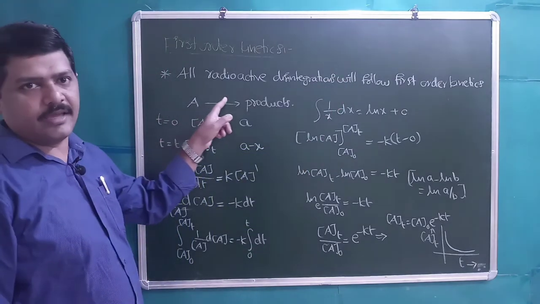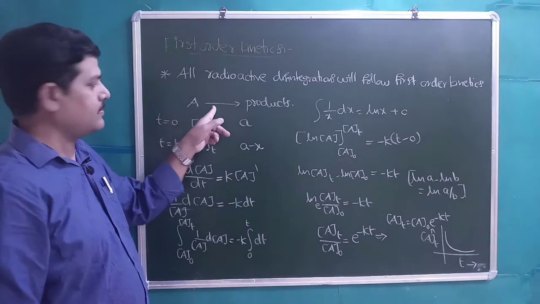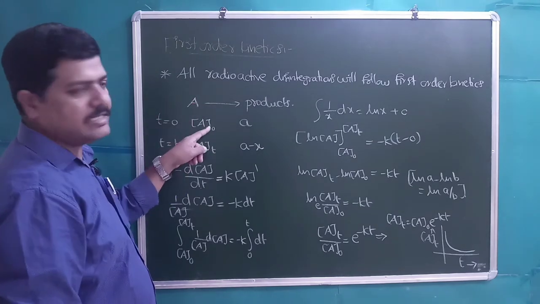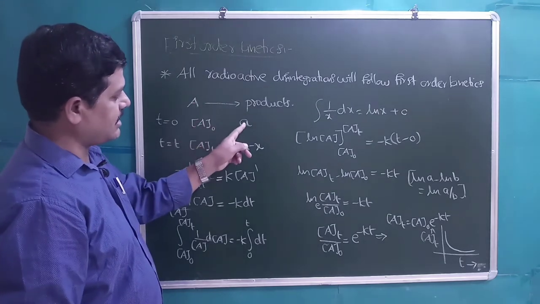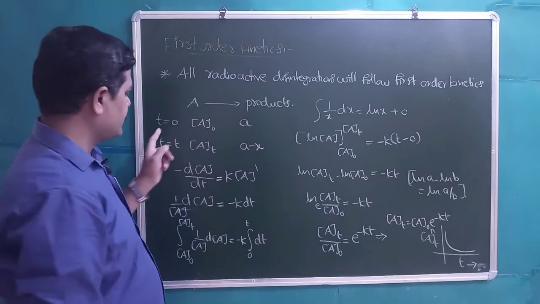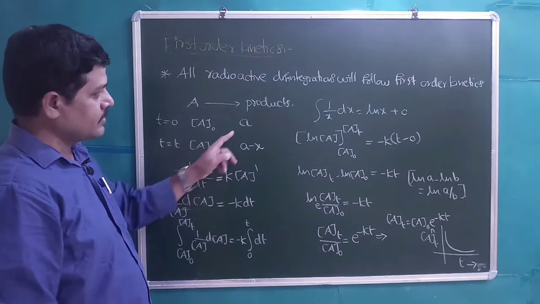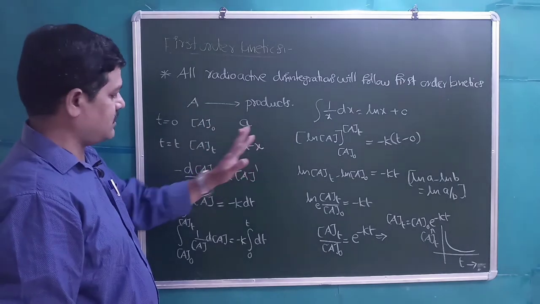A gives rise to products, the general hypothetical reaction we are taking. At time t is equal to 0, the initial concentration of A is A naught, in other terms we can take it as a small a. At time t is equal to t, the concentration of A is At, in other words A minus x, where x is the conversion.